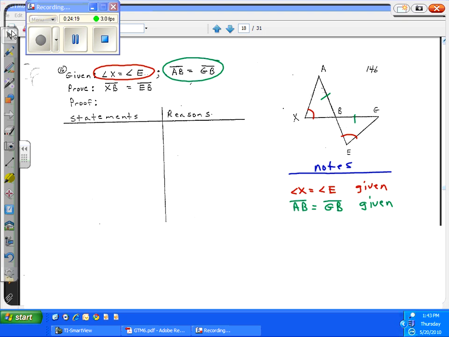Now what we want to do is look at what we're trying to prove. We're going to make that the very last statement in our proof, XB is equal to EB, and we need a reason for that. So our whole proof becomes to try to come up with a reason to say that those two are equal. And so what we want to do is think of everything we've ever learned that has the conclusion that two segments are equal.